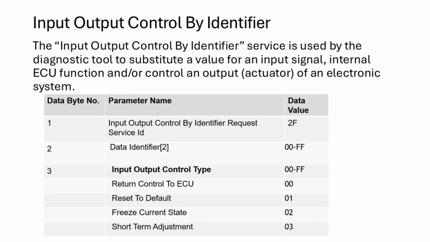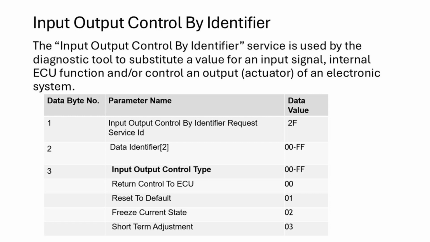So input output control by identifier. The 2F is input output control by identifier. As the name indicates, you can control the input and output by the DID identifier.